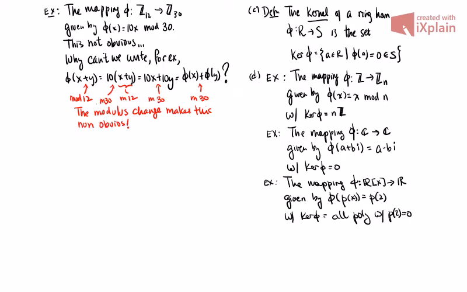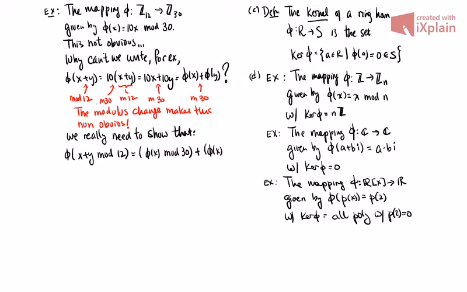So what we really mean is the following, right? So we really need to show that the following is true, that phi of x plus y mod 12, that guy is phi of x mod 30 plus phi of y mod 30.